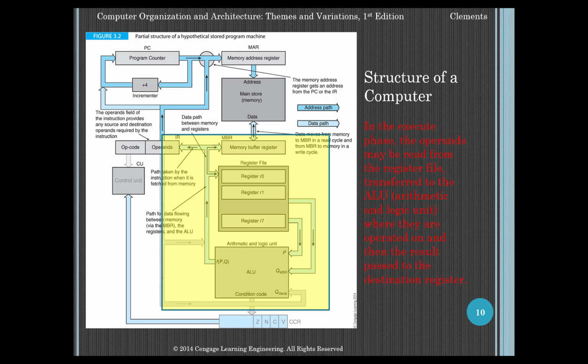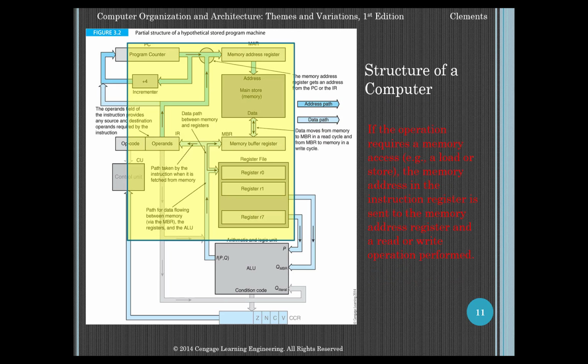If the operation requires memory access, so in this case, yeah, I had to access memory because I had to go get the current balance of my bank account. The memory address in the instruction register is sent to the memory address register, and then a read or write operation is performed.